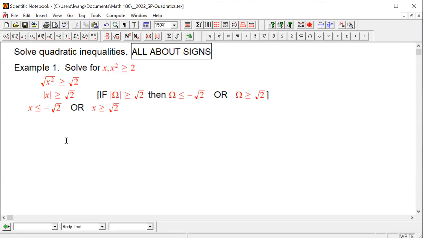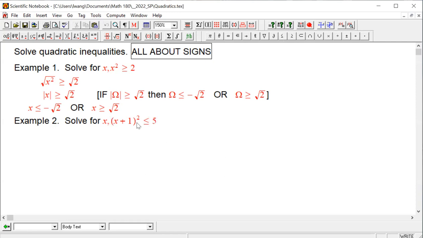Let me give you another example that you could solve using this method. For example, suppose we ask you to solve for x, where you have x plus 1 squared less than or equal to 5.